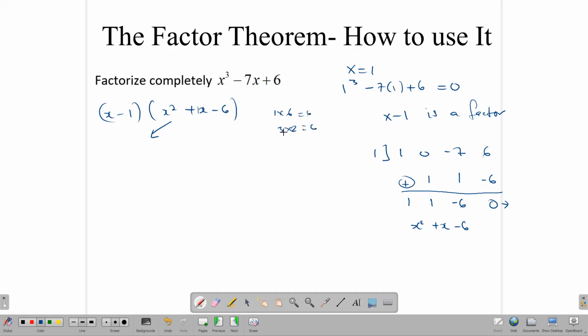And if we rewrite this as 3 minus 2, then we can get it there. So we have x squared plus 3x minus 2x minus 6. And then we can factorize here by grouping, by saying x into x plus 3 and minus 2 into x plus 3.